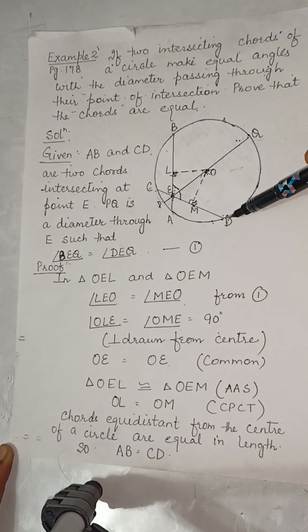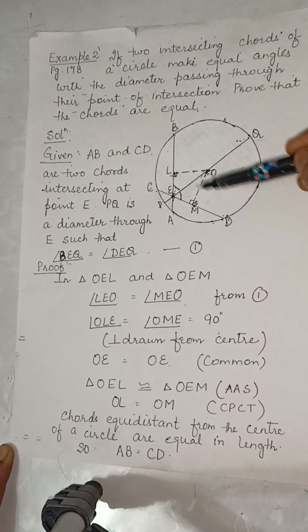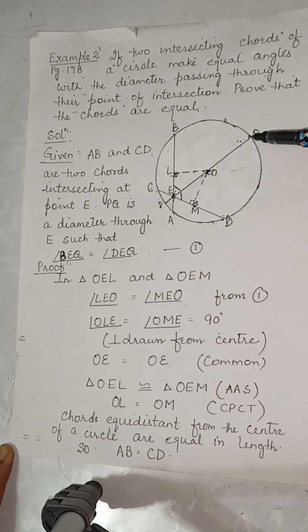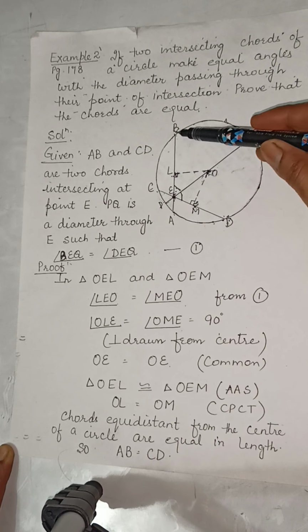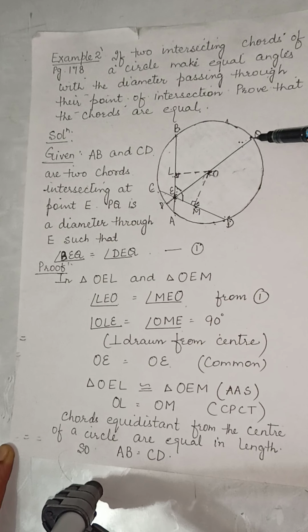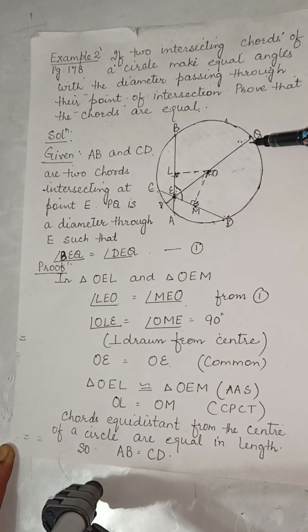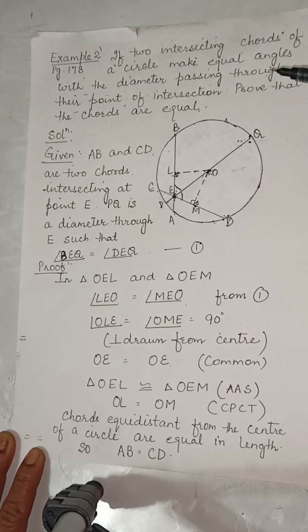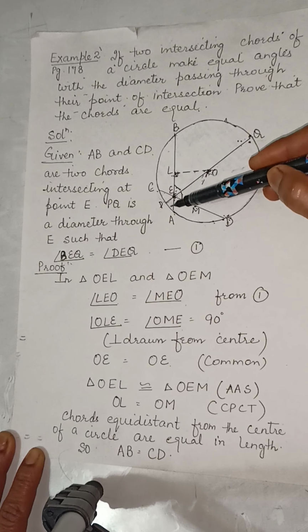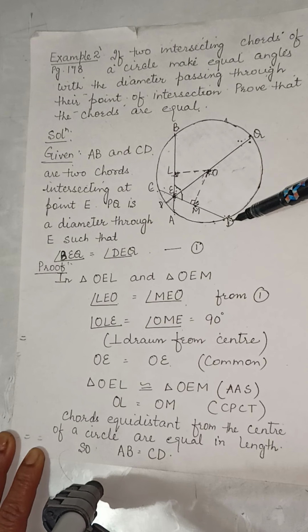These two chords make equal angles with this diameter passing through the point of intersection. So angle BEQ is equal to angle DEQ. This is given. Now we have to prove that the chords are equal, meaning AB is equal to CD.